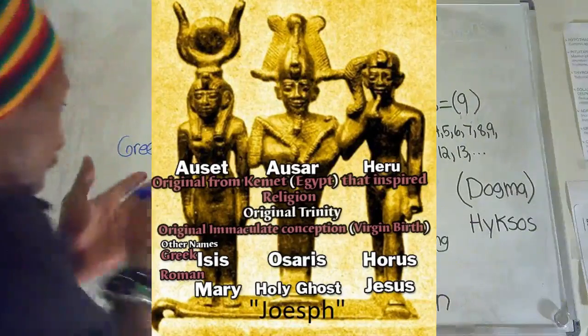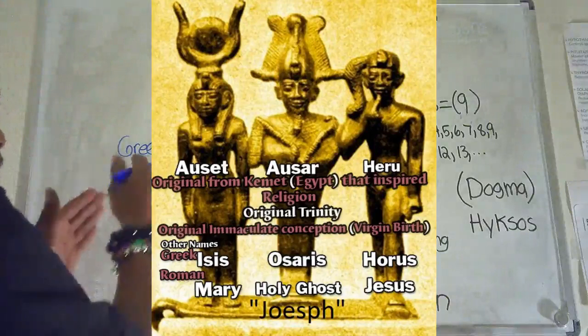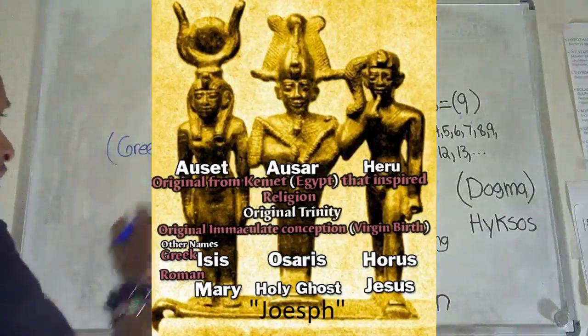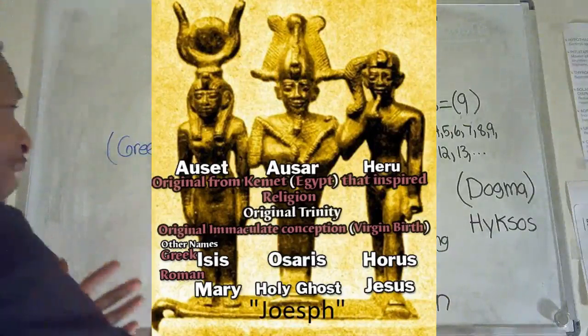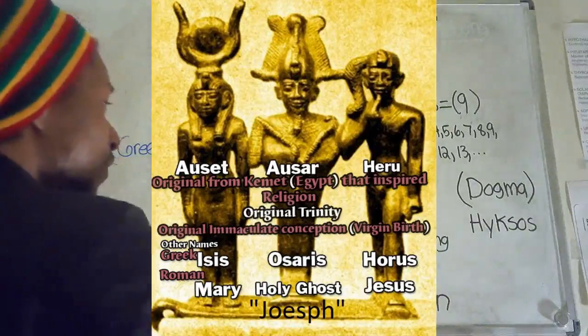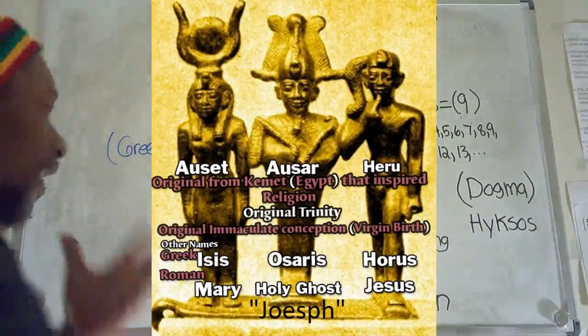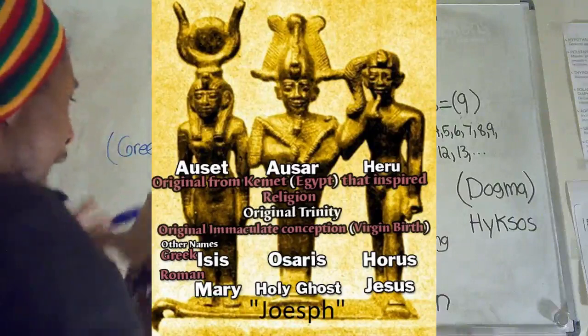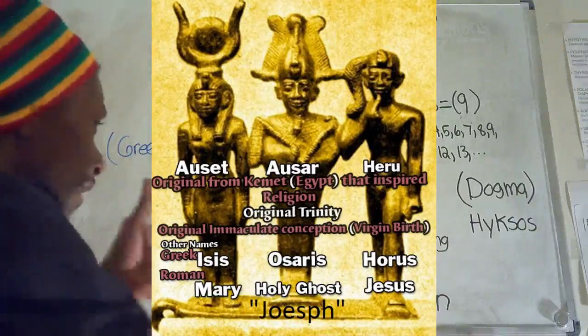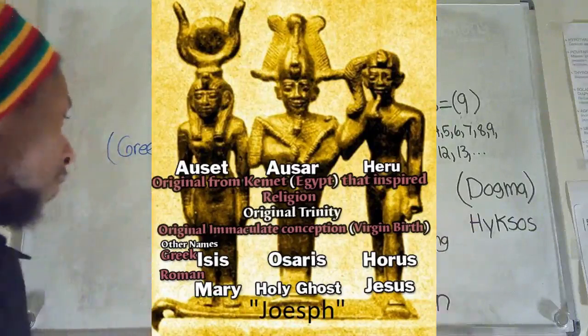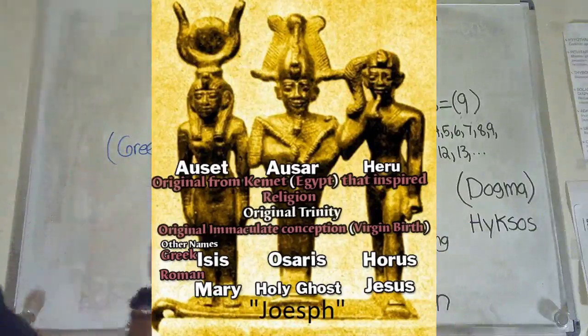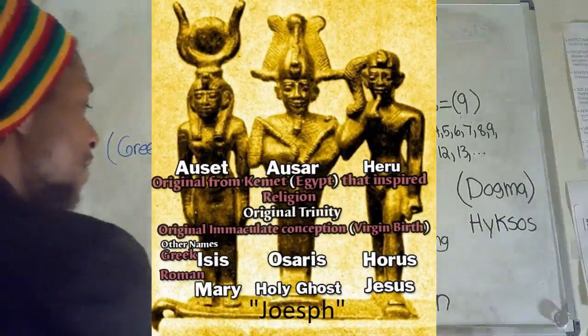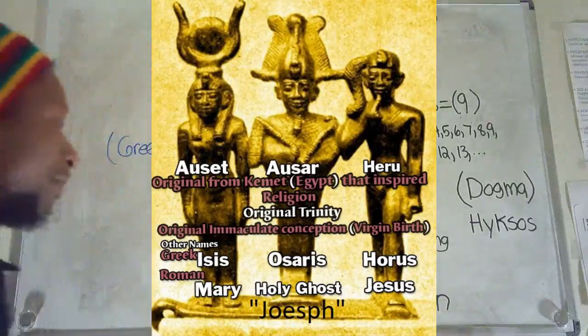Then we move along from Greek. Then it goes to Mary, Joseph, and Jesus when you get to the New Testament, around the Roman time of civilization, which represented woman, man, and child.